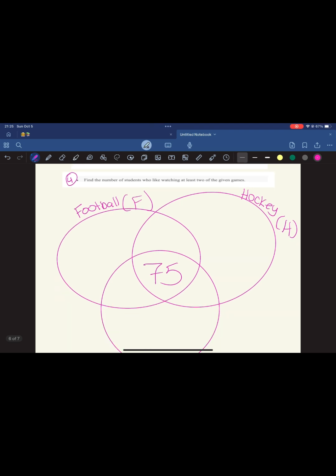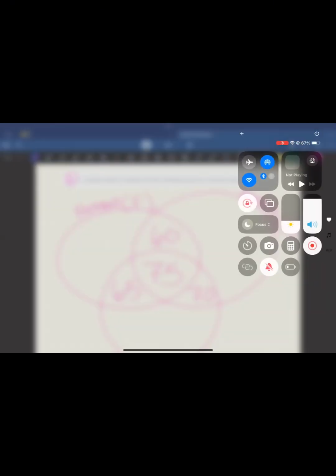So we have our 60, our 70, and our 65. And so that means that we can go ahead and try to get that ratio here.